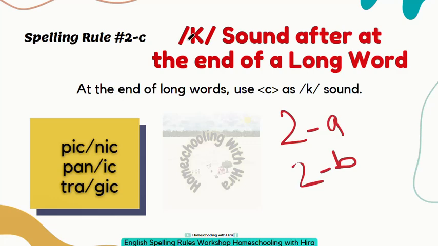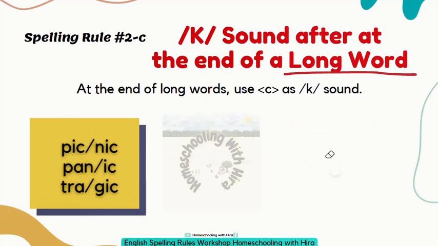But 2C, which is the k sound at the end of a long word, it means that now we are talking about two syllable words or multisyllabic words. For example, panic, tragic. Okay. So the k sound is coming at the end of a long word or a multisyllabic word. That's why we are using letter C here.